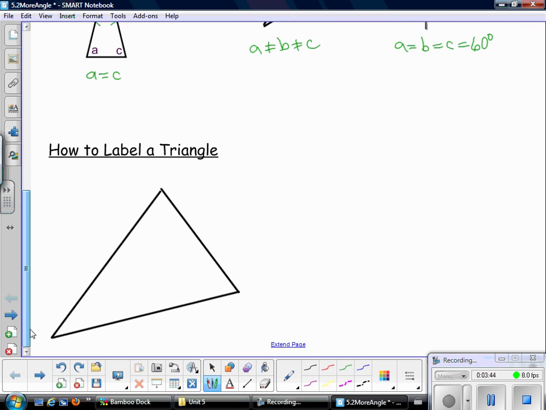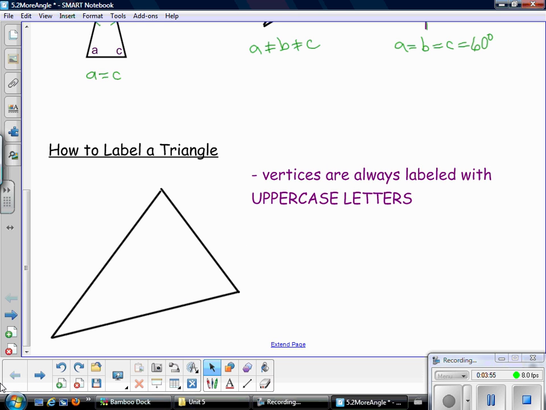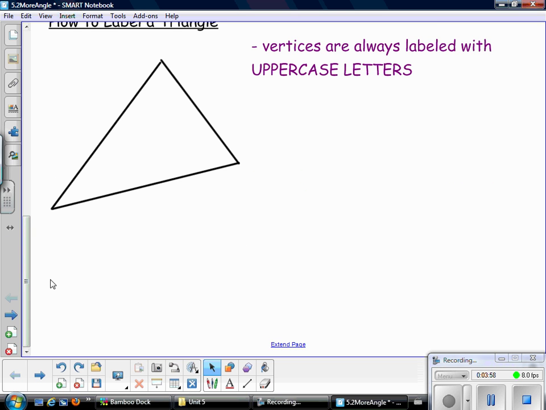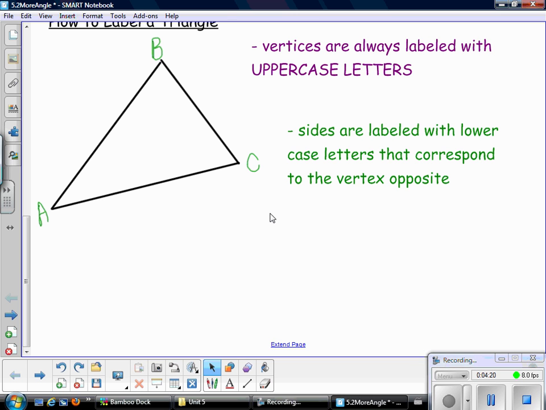So the next thing I want to look at is how to label a triangle. Vertices, in other words the points where the sides meet, are always labeled with uppercase letters. So uppercase letters are A, B, and C. Then for the sides, sides are labeled with lowercase letters that correspond to the vertex opposite.